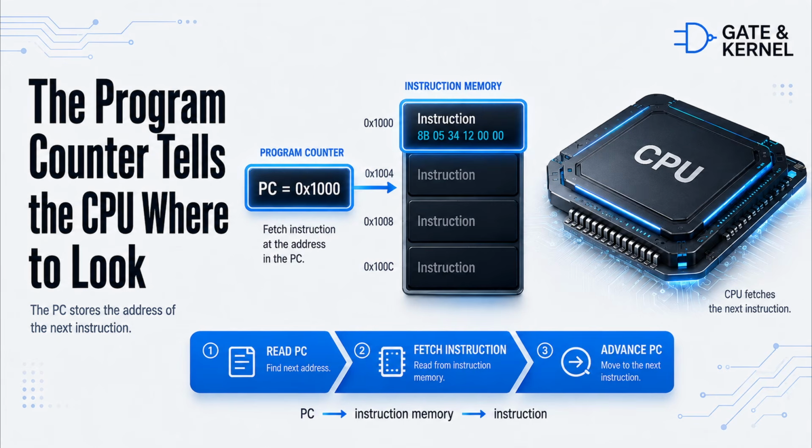This means the next instruction is stored at memory address 0x1000. The CPU uses this address to fetch the instruction. After that, the program counter normally moves to the next instruction address. Conceptually, the path is simple: program counter, to instruction memory, to instruction. Without the program counter, the CPU would not know where it is inside the running program.